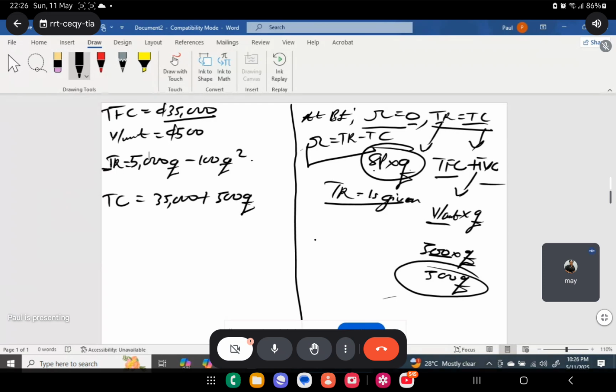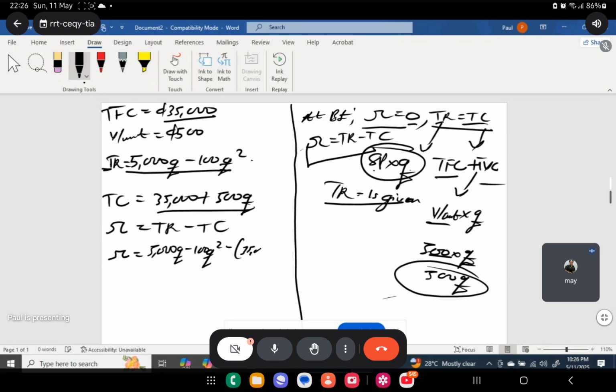And we know that profit is equal to what? Our total revenue minus our total cost. So to get our profit, it becomes all of this minus all of this. So 5,000 kilo minus 100 kilo squared, minus 35,000 plus 500 kilo.